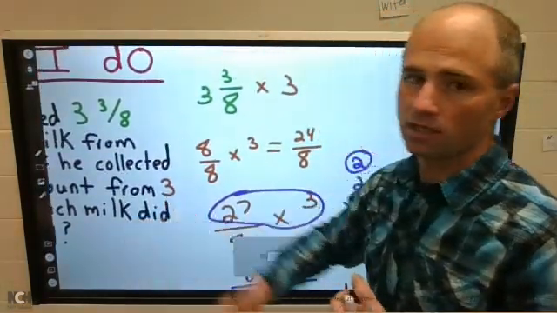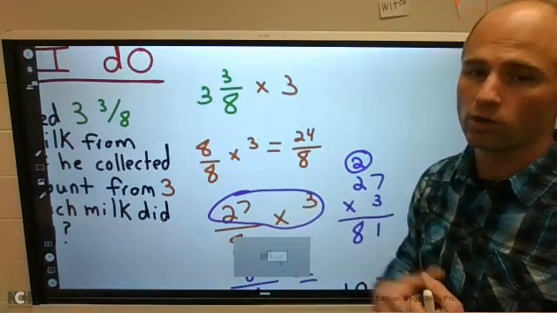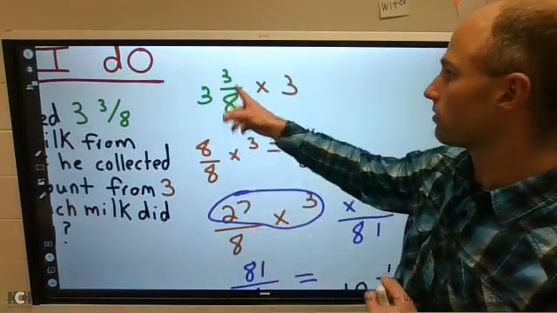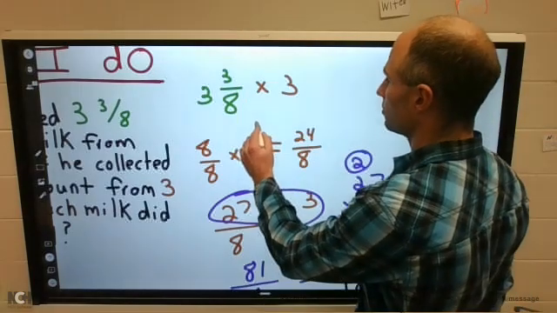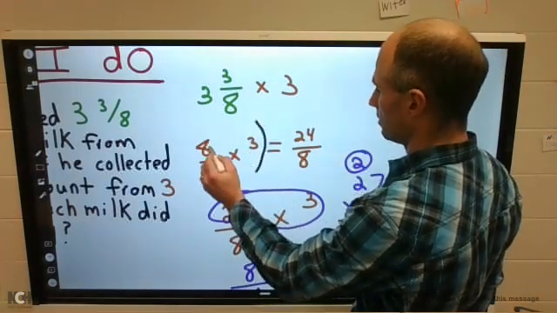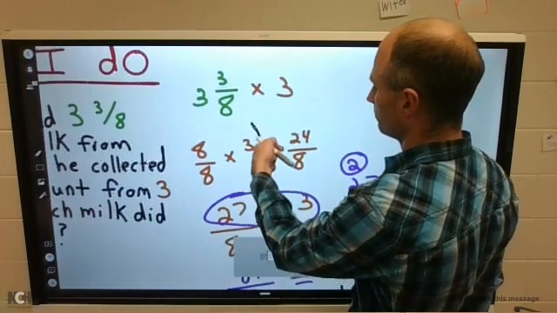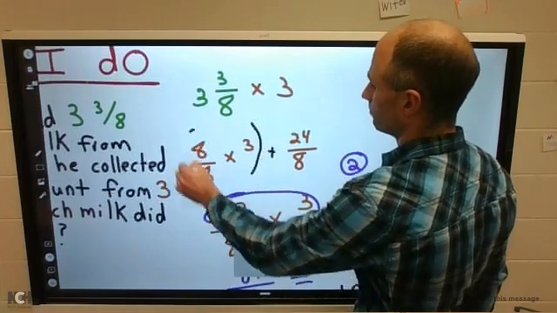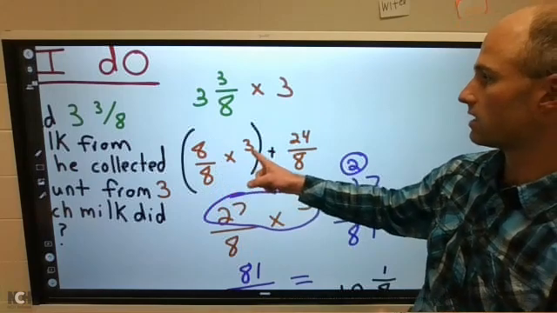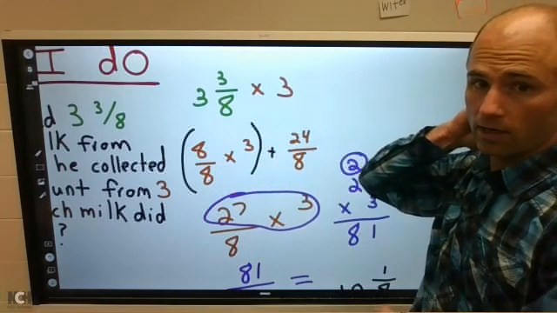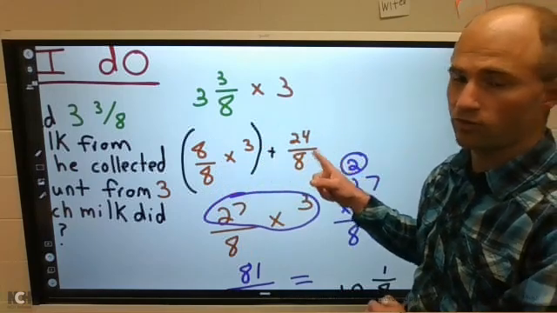Same thing as we did last week, but now it's just in word problem form. 3 3/8. We're going to turn that into an improper fraction by doing 8/8 3 times. All right. Then we're going to get 24/8.